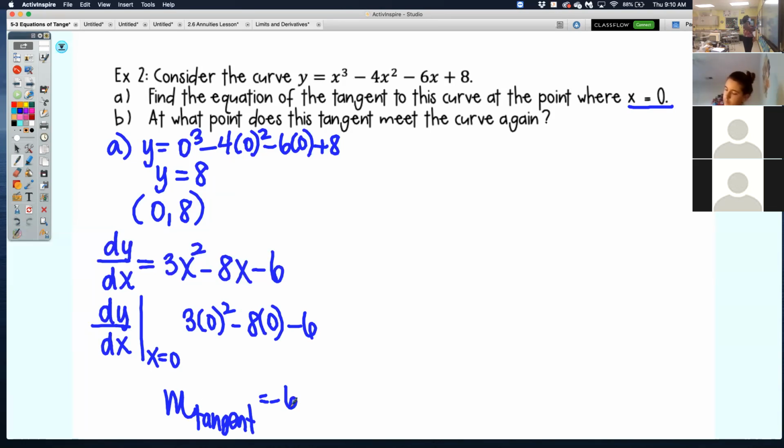So the equation of my tangent line to this curve at the point when x equals 0 is y equals negative 6 times x minus 0, which is just x, then plus my y coordinate of my point, which is 8.